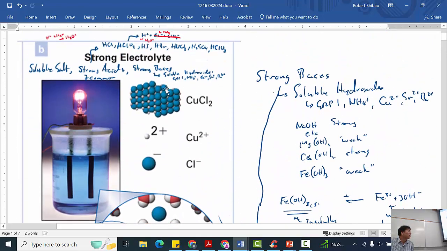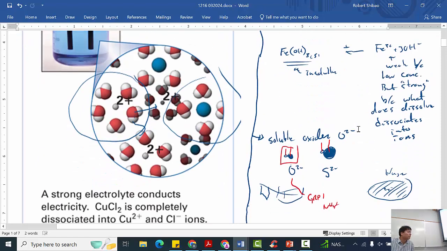Make an effort to memorize the strong acids, though. You also make an effort to memorize the solubility rules, because you're going to have to predict some reactions. The way to memorize it is start early and just read them 2 or 3 times a day.